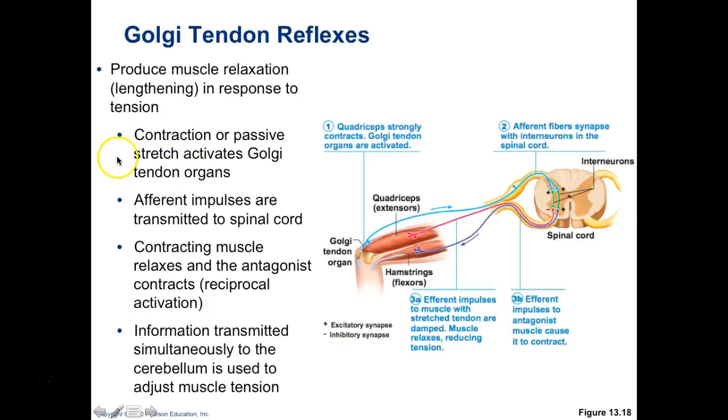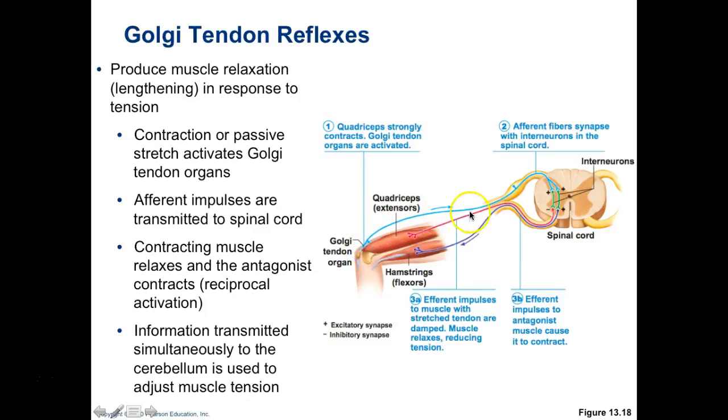Our Golgi tendon reflex is going to be similar but a little bit different. Our Golgi tendon organ is telling our brain the amount of tension in our muscle and in our tendon. So our quad is going to contract, that activates our GTO, or Golgi tendon organ.